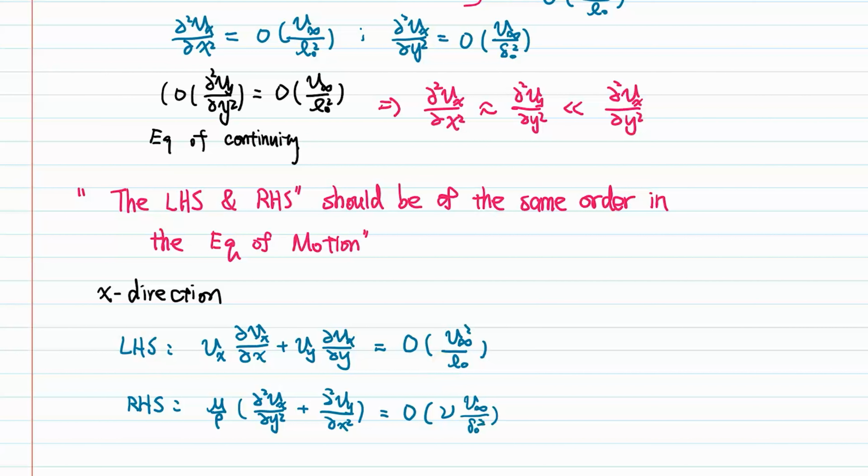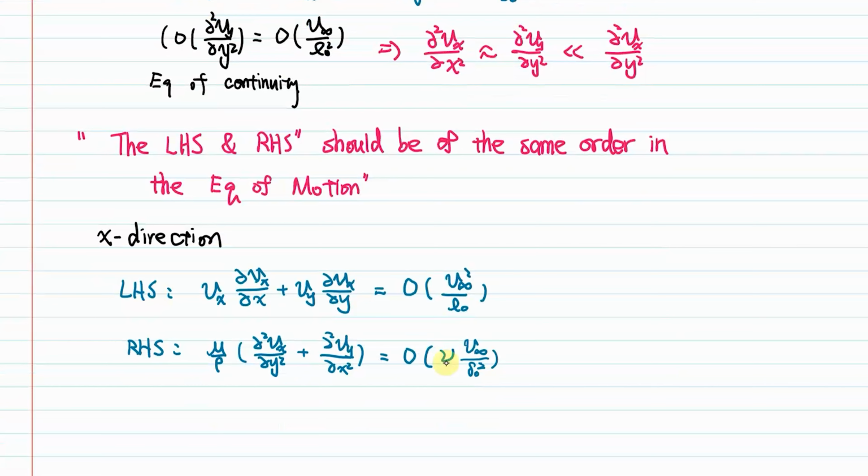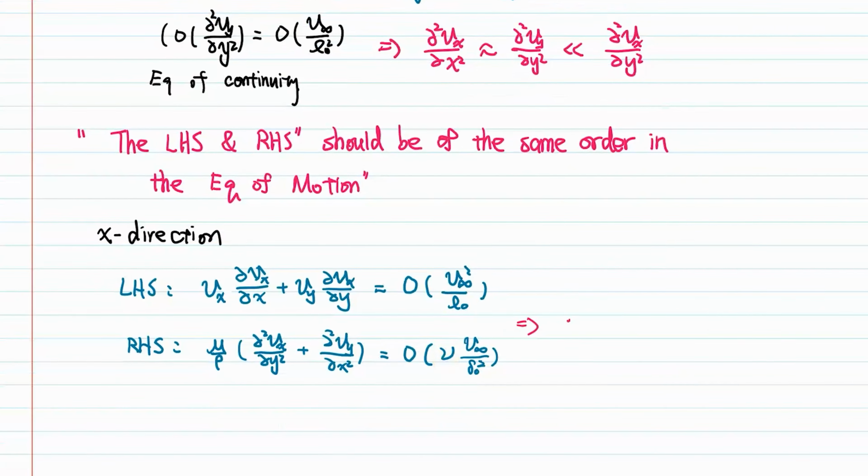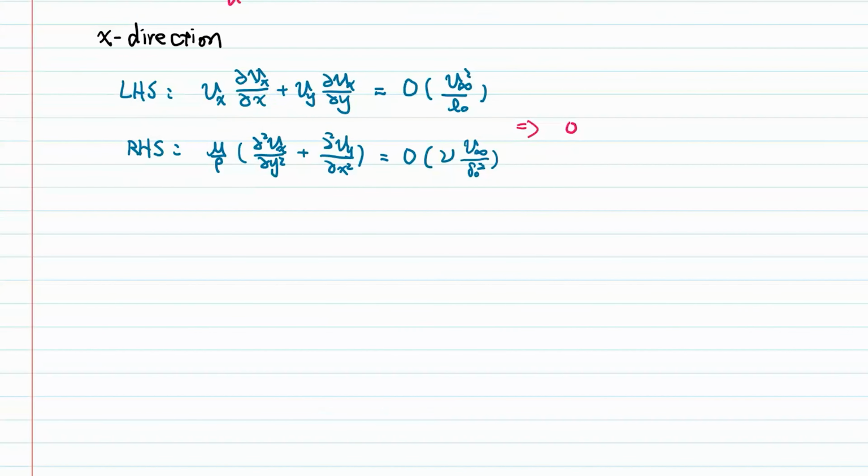Since the left-hand side must be of the same order as the right-hand side, that means the order of magnitude of V infinite squared over L naught would be equal to the order of the kinematic viscosity times V infinite over delta naught squared.